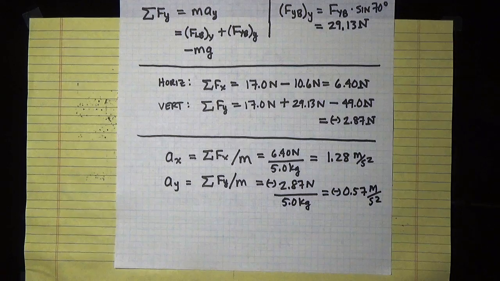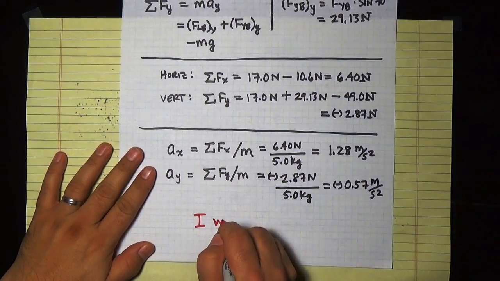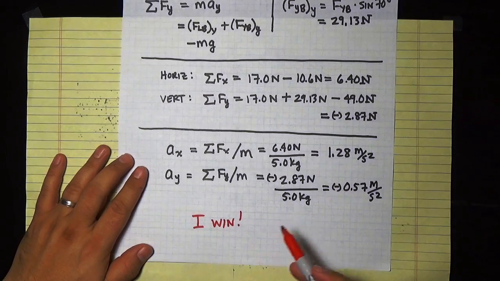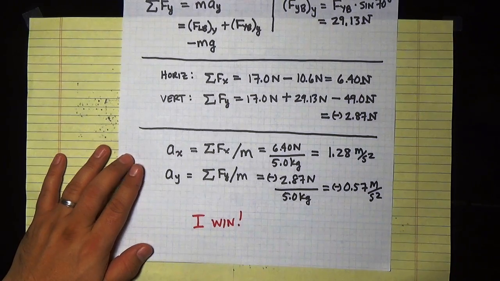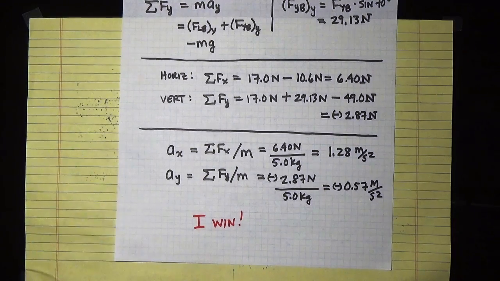Okay, so the ultimate result, as if you expected anything less, is that I win the candy battle, but that the combined forces of the two of us are not enough to keep the bucket suspended. Okay, so that's the end of that problem.